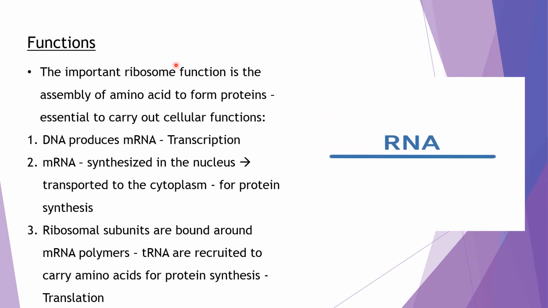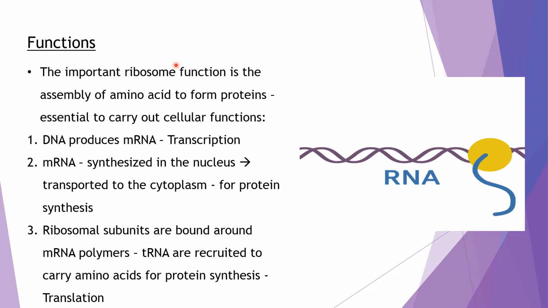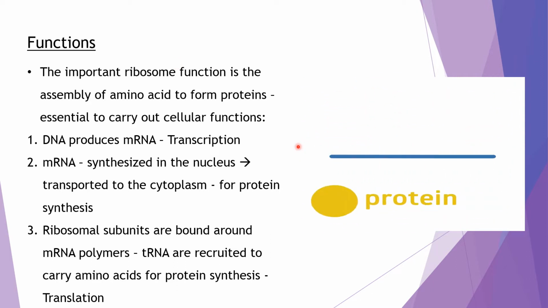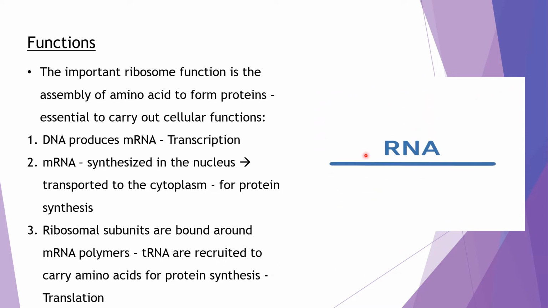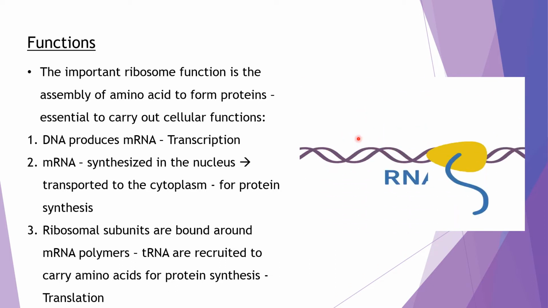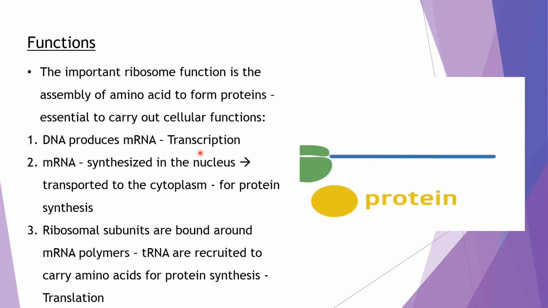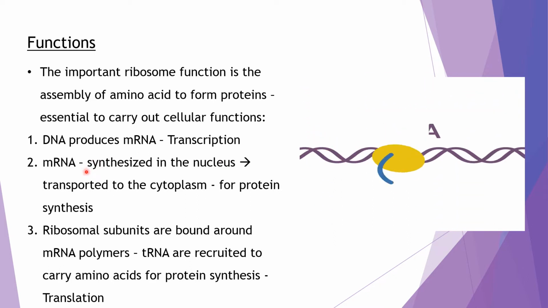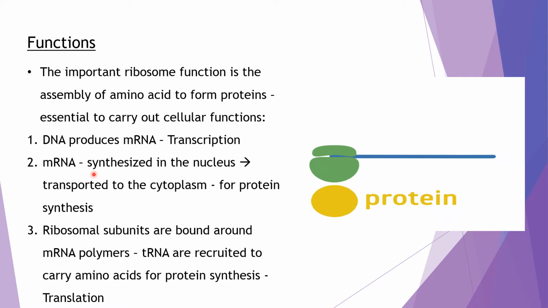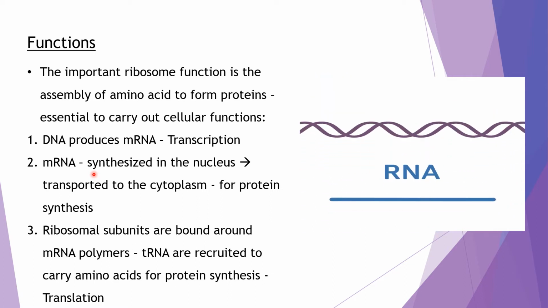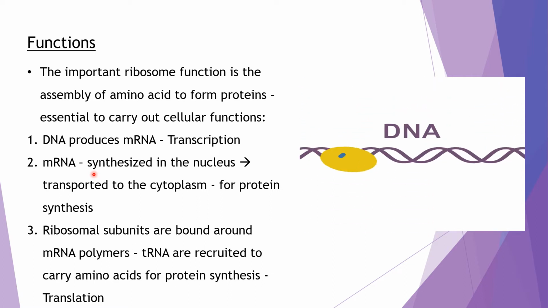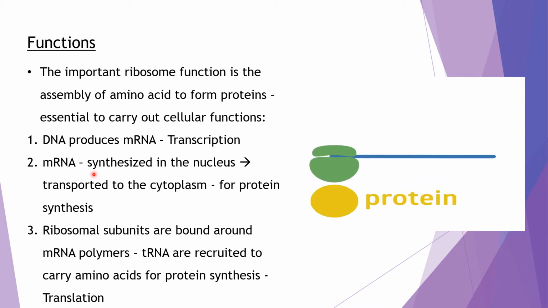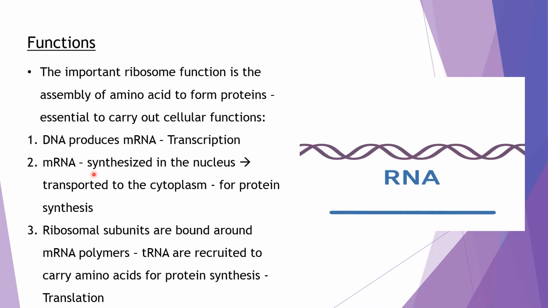The DNA generally produces mRNA by the process known as transcription. As you can see here, there is an mRNA that is formed, and this process is known as transcription. And then this mRNA is synthesized in the nucleus. Always remember, transcription happens in the nucleus only because DNA is found in the nucleus.